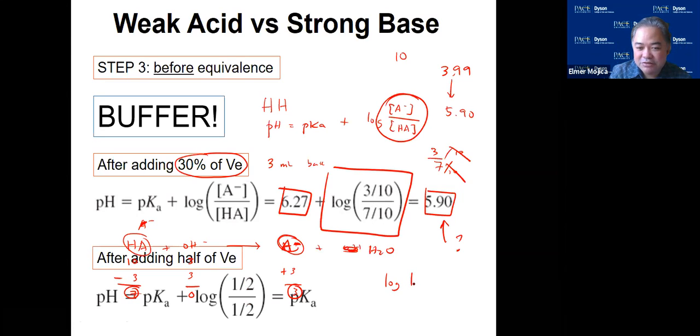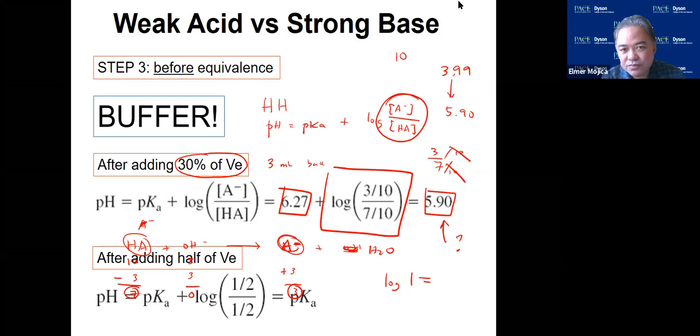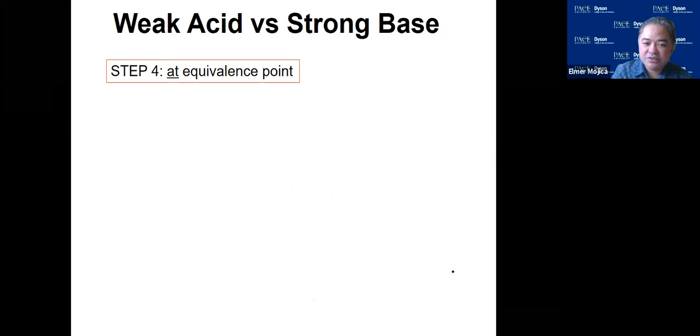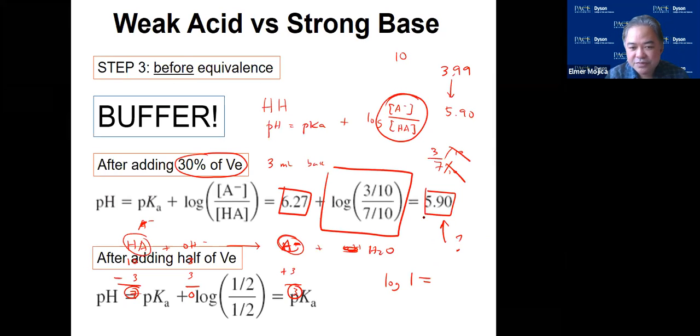And log of 1 is equals to what? Anyone? What is log of 1 equals to? Okay, equals to 0. So if that is equals to 0 here, your pH is just equals to pKa. So that is equals to 6.7.